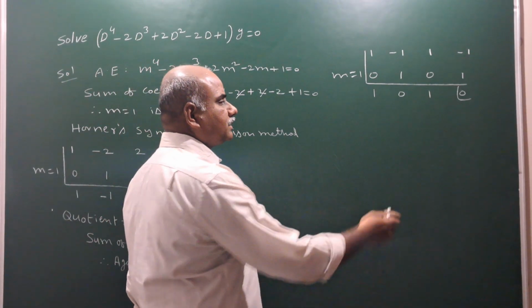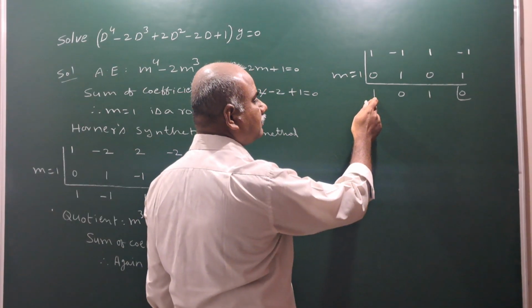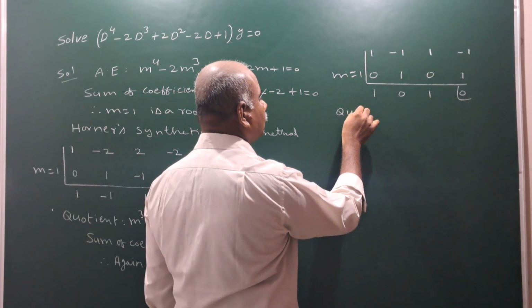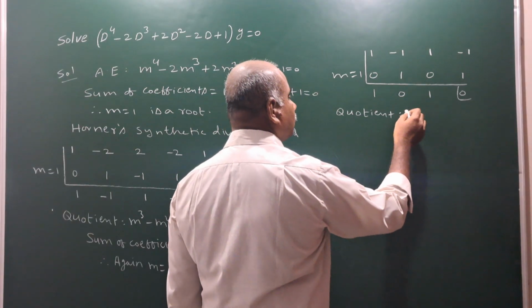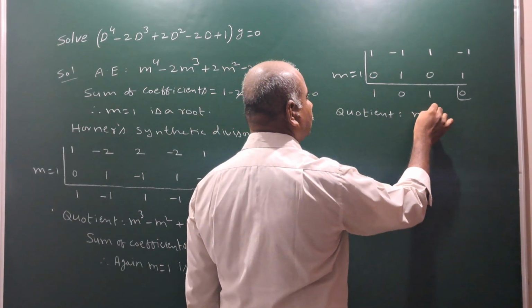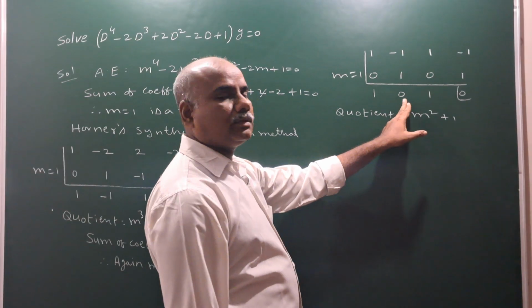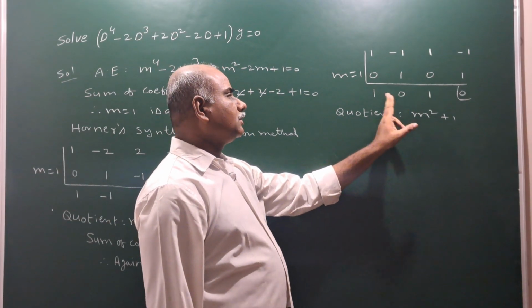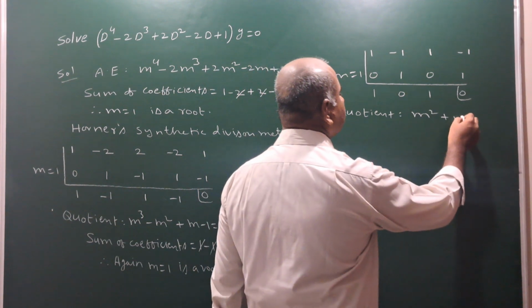This is the constant, this is the coefficient of m². Therefore the new quotient is m² + 1, with no m term, so m² + 1 = 0.